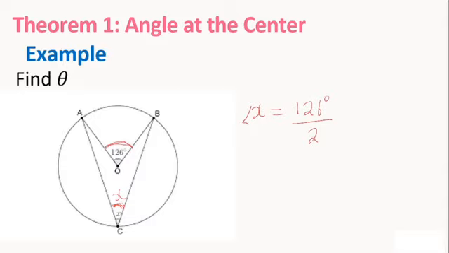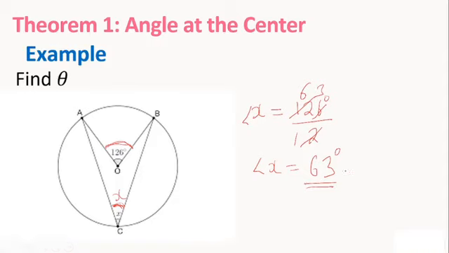So to find angle x, we take 126 degrees and divide by 2, because the angle at the center is 2 times bigger than the angle on the circumference. 2 into 12 is 6, 2 into 6 is 3. So 2 goes into 126 63 times. So the value of angle x is 63 degrees.